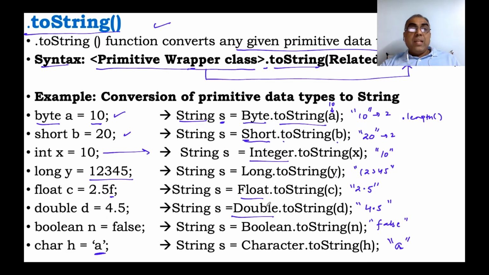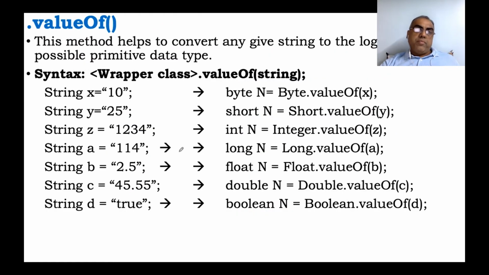Now we move on to the next function, which converts in reverse, that is any string to a primitive. For converting any string to its logically possible primitive data type, the best function is dot valueOf. So again we still need a wrapper class. The wrapper class has this function called dot valueOf of a string.